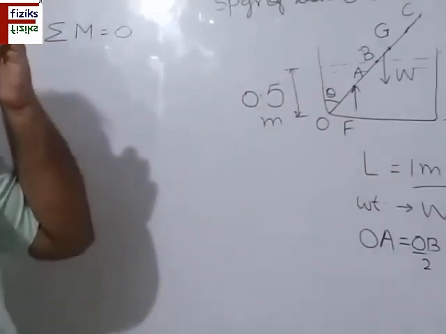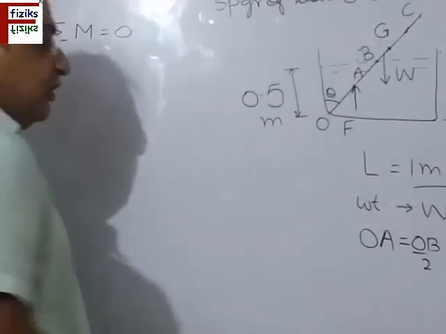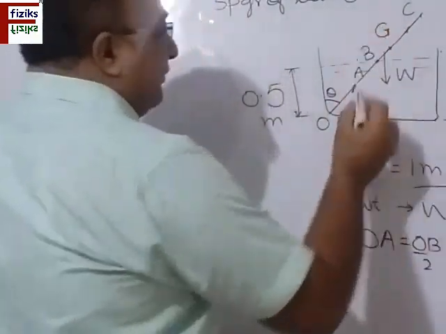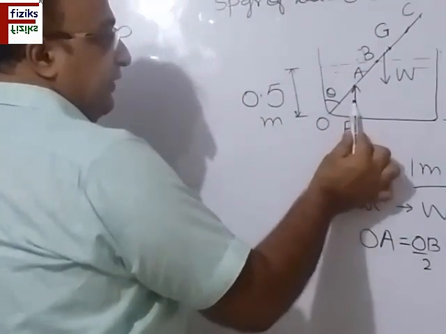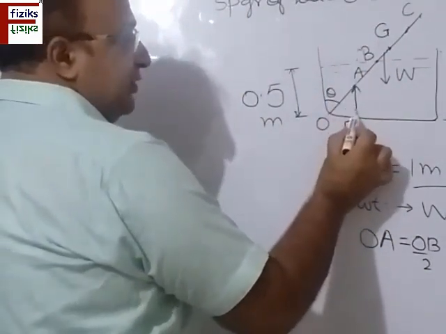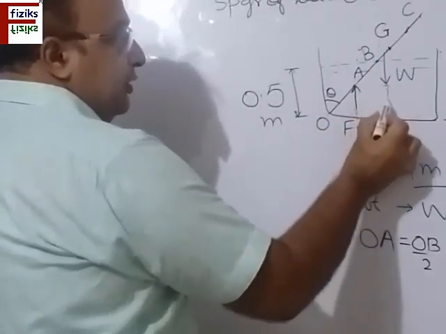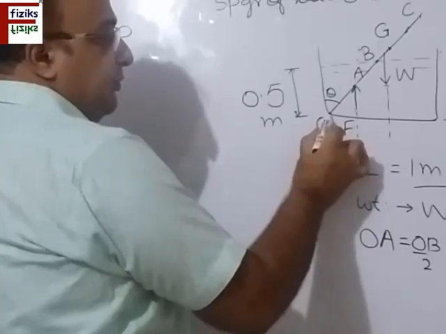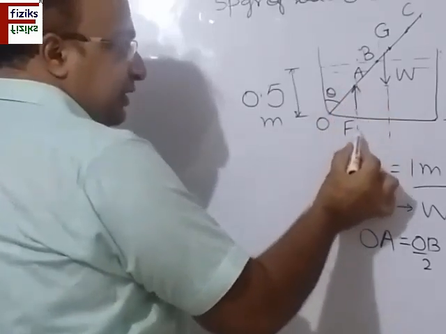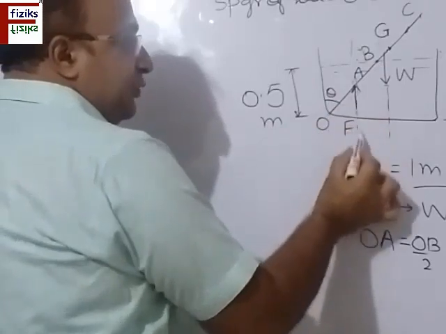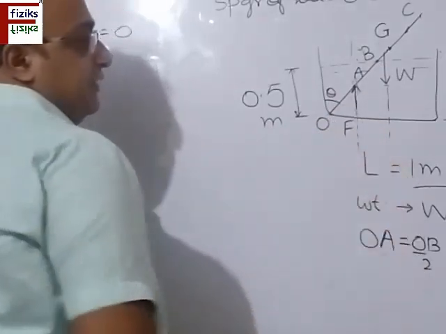Now you should know how to calculate the moment. Moment of a force is given by the force, suppose this force F, multiplied by the shortest distance of the line of action of this force from the point from which we have to take the moment. So O is the point, and this is the line of action of thrust force F. So this force multiplied by the perpendicular distance.